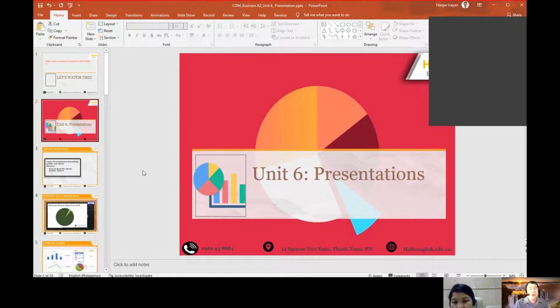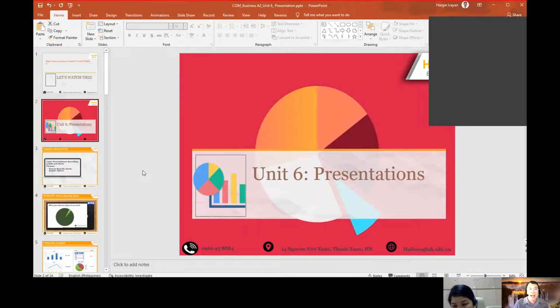So how are we going to make our presentations more beautiful maybe, or have more statistics, because we can have graphs and charts, right?